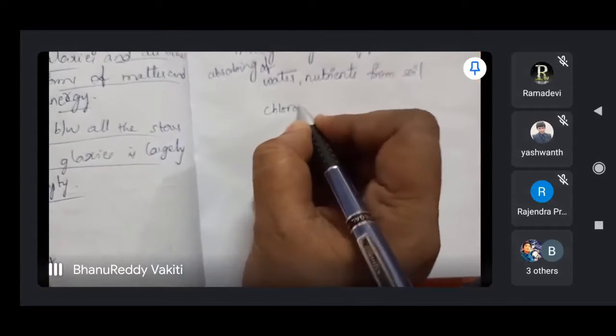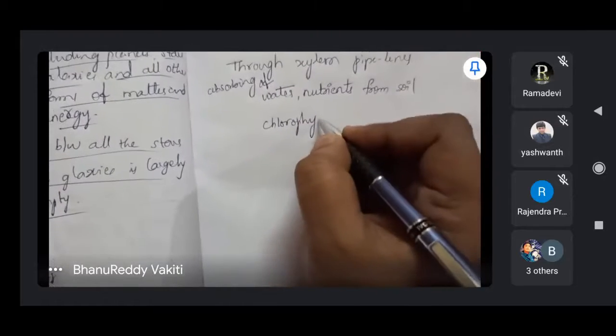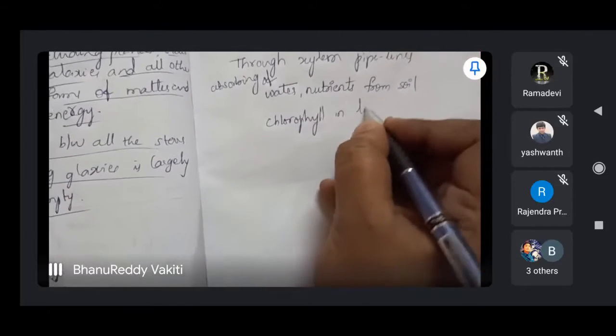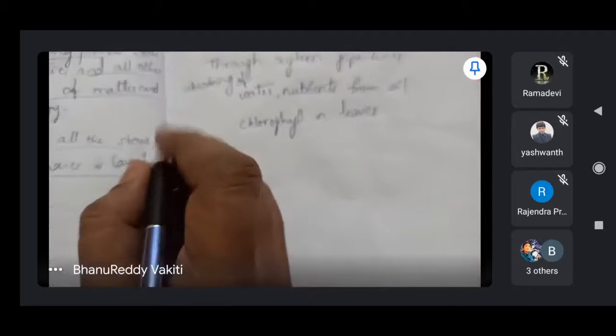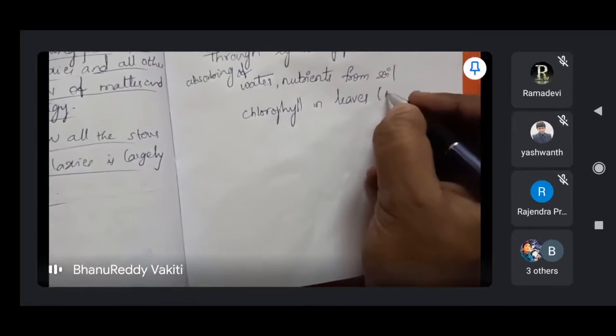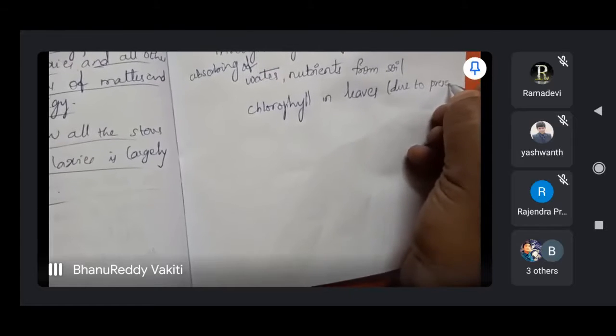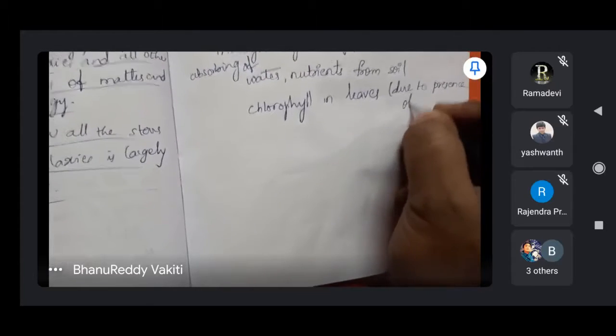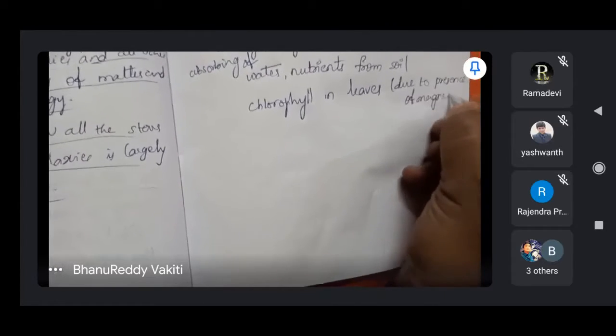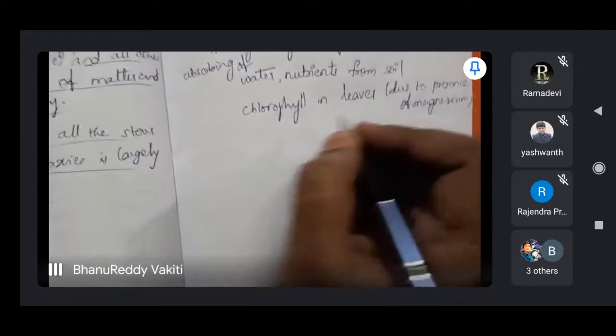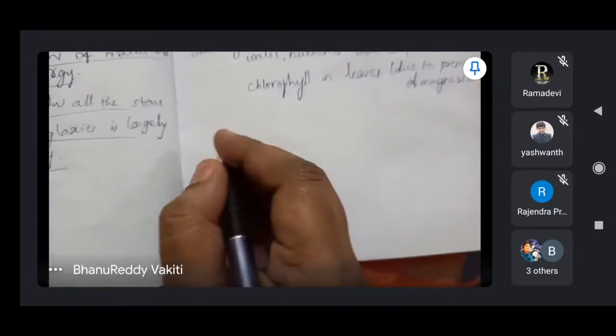Chlorophyll is present in leaves, and because of the presence of magnesium in it, they are green in color.